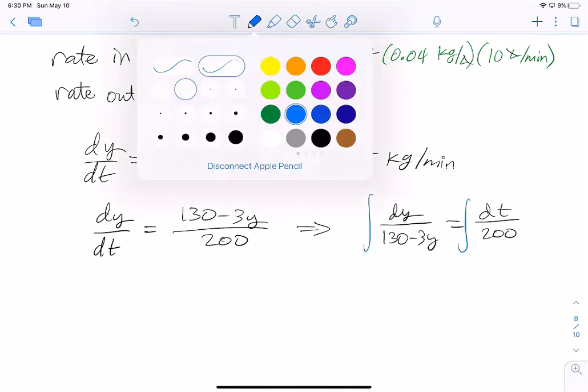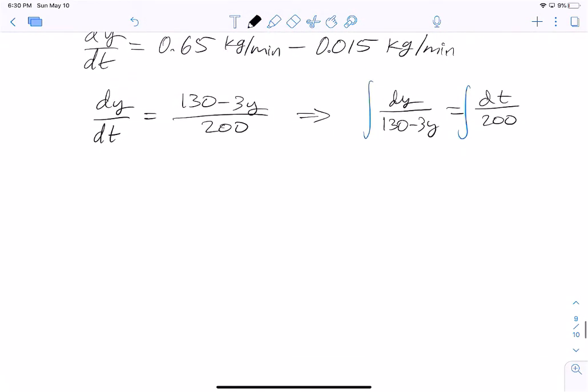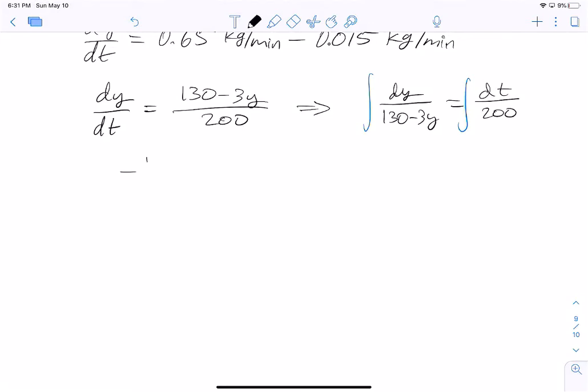Solving this by using antiderivatives is going to give us negative 1/3 times the natural log of the absolute value of 130 minus 3y is equal to 1/200 t plus a constant k. The negative 1/3 as a coefficient of the natural log is coming out because for dy over 130 minus 3y, that denominator is du, and so u is negative 3 dy. So we multiply and divide by negative 3, and the rest of the equation I hope makes sense.